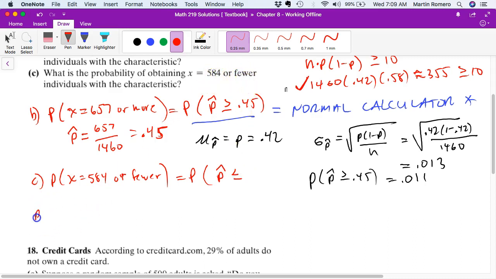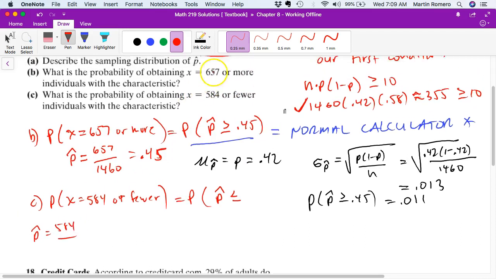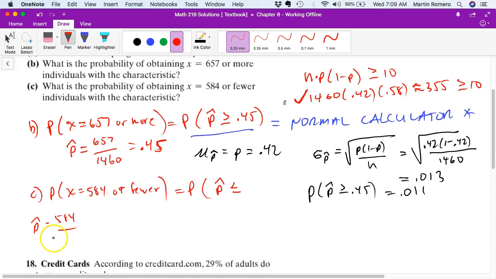So we have to find the p hat: 584 out of our sample, 584 divided by the sample size is 0.4, and so we're really looking at the proportion being less than or equal to 0.4.